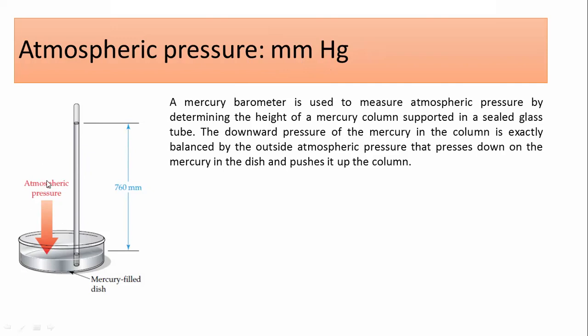When the atmospheric pressure is exerted on this mercury, it is going to move upward, and it will travel the distance of 760 mm. So this is 760 mm of Hg, because this is mercury, 760 mm of mercury.